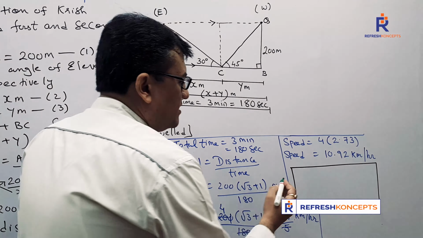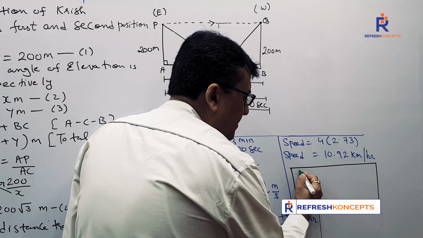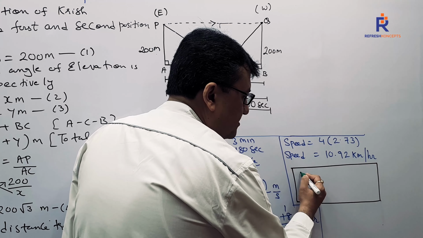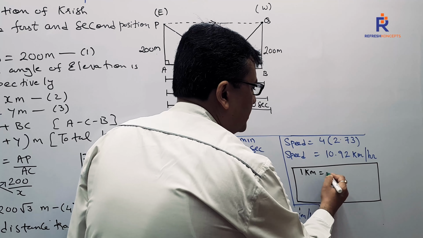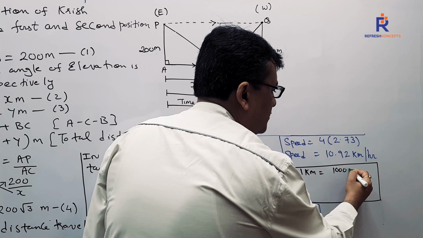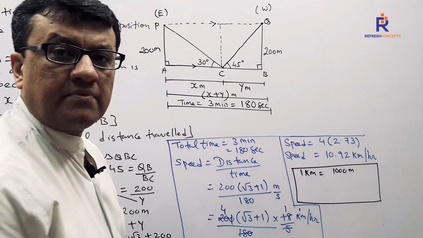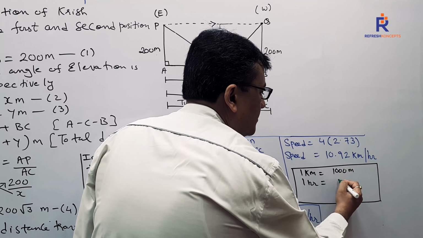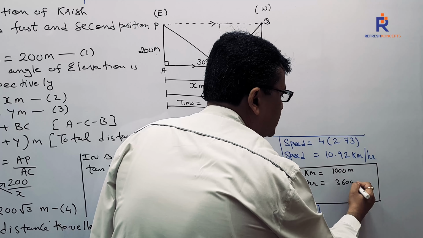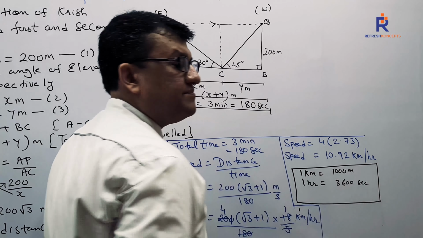Children, how many meters are there in a kilometer? Can I say 1 kilometer is 1000 meters? How many seconds are there in an hour? 3600 seconds are there in an hour.